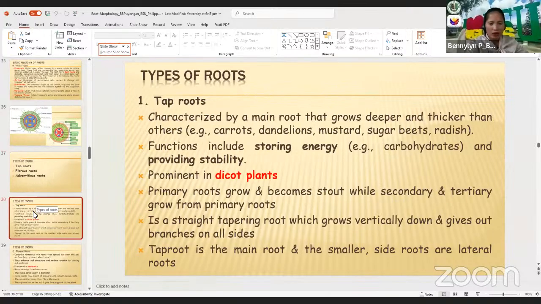Take note that these taproots are dominant in the dicot plants, and its primary root grows and becomes stout, while secondary and tertiary roots grow from primary roots. It is a straight tapering root which grows vertically down and gives out branches on all sides. So the primary root, the secondary, and the tertiary root, the illustration a while back, if you recall. Taproot is the main root, and the smaller side roots are called lateral roots or the secondary roots.